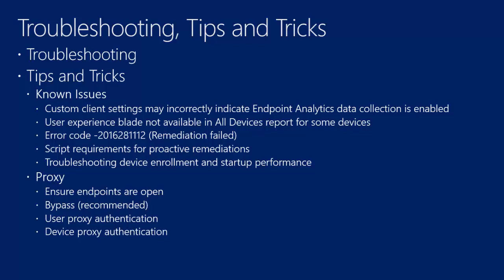And to work around this issue, you want to disable the collection of browser usage. Again, that's in our documentation. Script remediation may fail for proactive remediations. This could be because the enforced signature check is enabled, and you can remediate that. And then there are some issues where you might need to troubleshoot device enrollment and startup performance. Again, our documentation goes through these in much more detail.